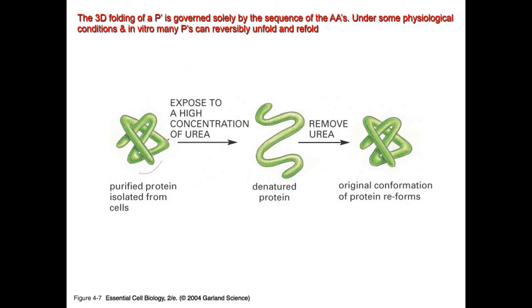So you have, this is the natural or the active form of the protein. So this is the 3D conformation of that protein. So this is the protein isolated from cells.